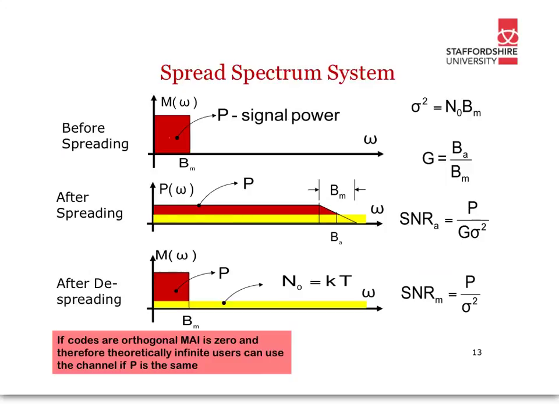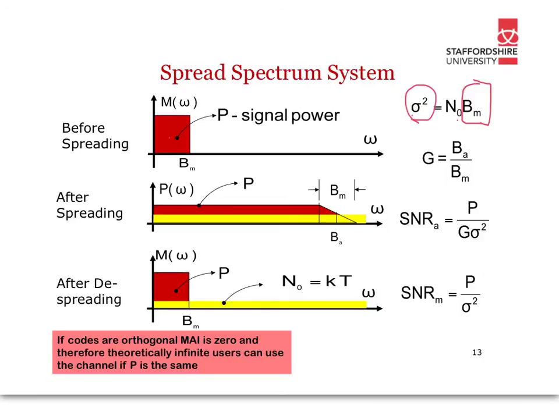The noise is determined by sigma squared, which is the variance of the noise power times the bandwidth of the message only. This is important, that it's only the bandwidth of the message. But the processing gain is BA over BM, as we've just shown.